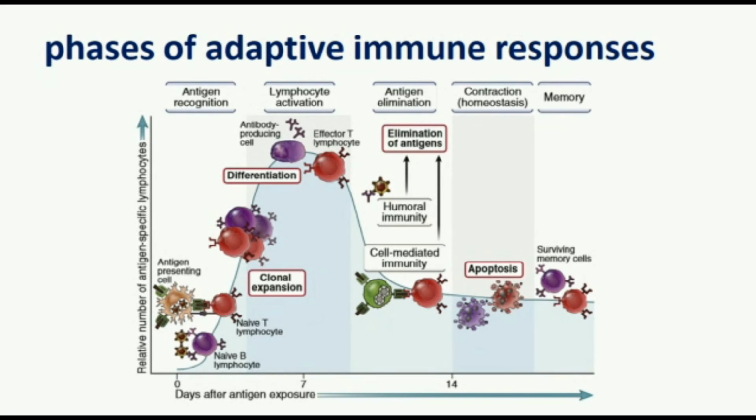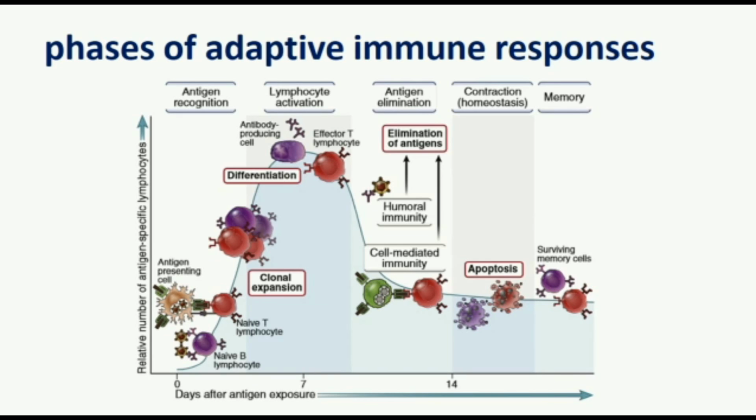Our adaptive immune responses consist of distinct phases. The first three are recognition of antigen, activation of lymphocytes, and elimination of antigen. The response declines as antigen-stimulated lymphocytes die by homeostasis, and the antigen-specific cells that survive are responsible for memory.